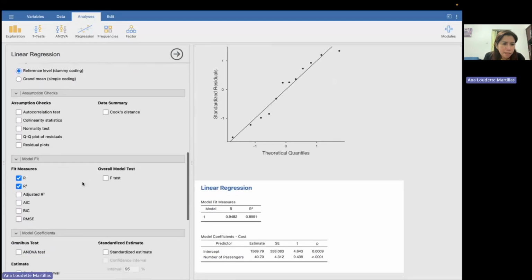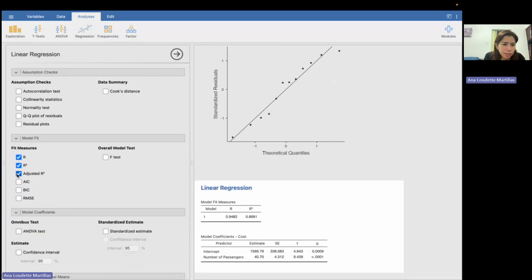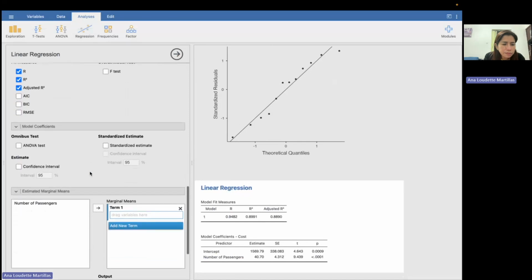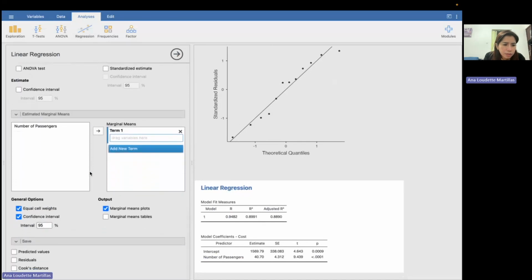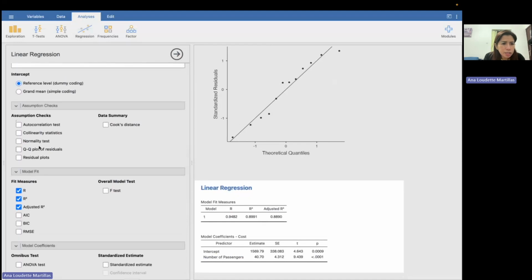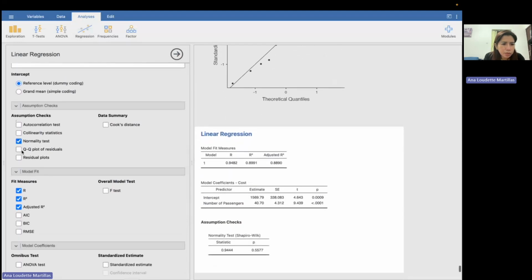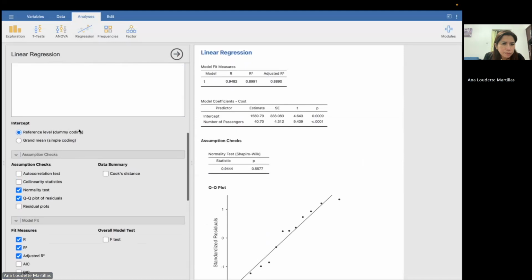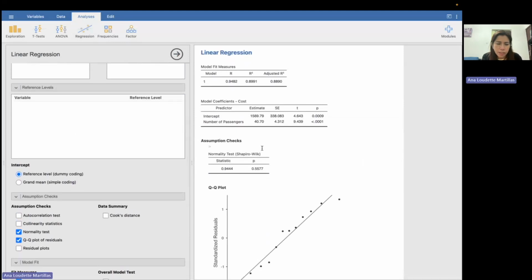Okay. Under model fit, click on adjusted R2. What else? Assumption checks, we need to click the normality, the QQ plot.